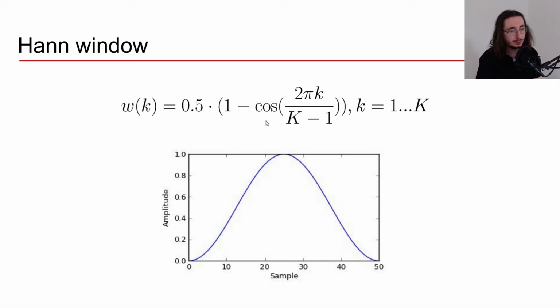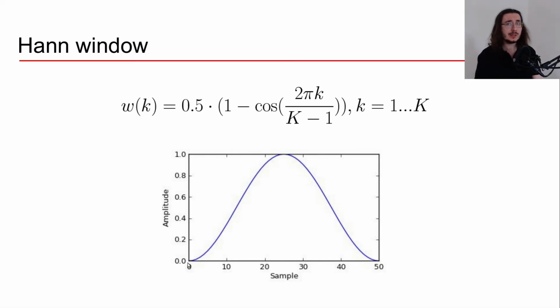As you can see, we use a cosine, and then we have a visualization of the Hann window for 50 samples. As you can see, it creates a bell-shaped curve where the endpoints tend to go to 0.